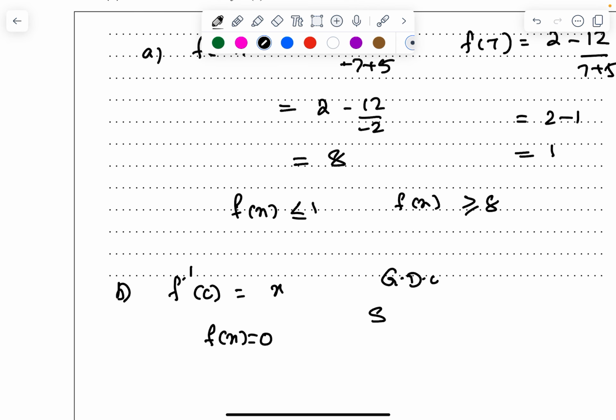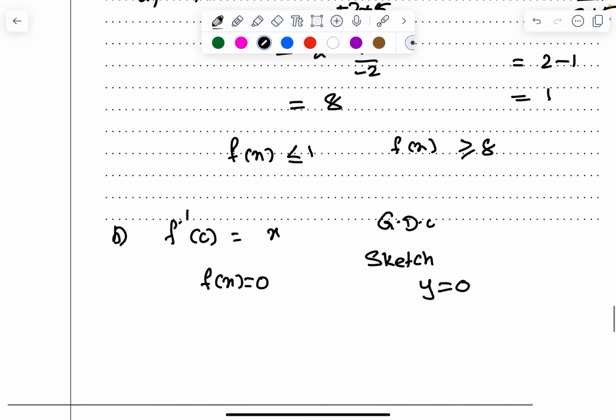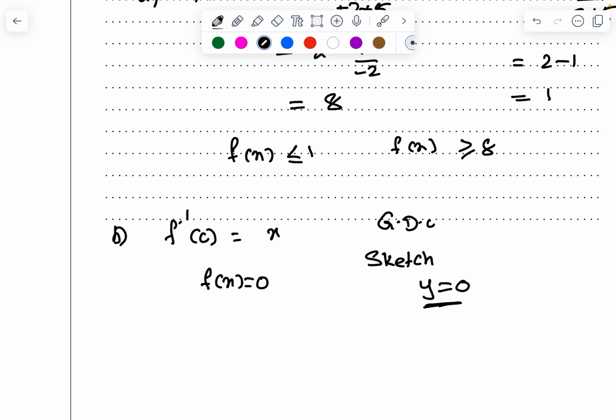Go to GDC, sketch the graph and y equals 0, then you should be getting the value of x there, the point of intersection, which is going to be 1. First sketch the graph and find the point on y equals 0. y equals 0 means nothing but the x-axis. x-axis means find the intercepts or find the roots. Automatically you'll be getting x equals 1. That's going to be the easiest way of solving the equation. f inverse of 0 equals x means f of x equals 0.